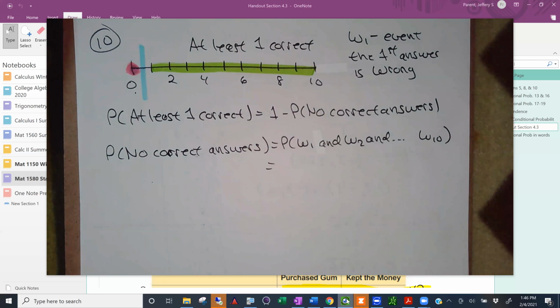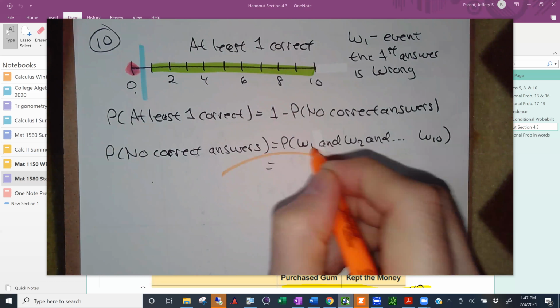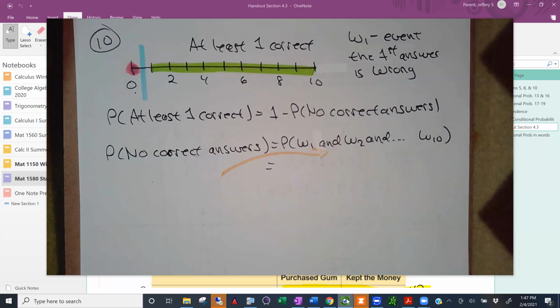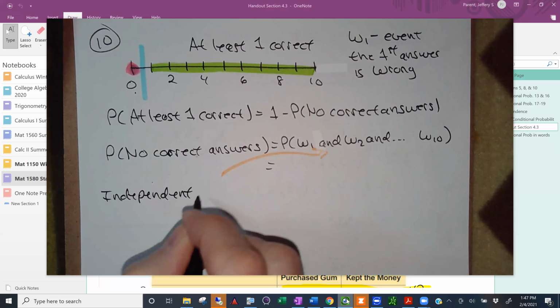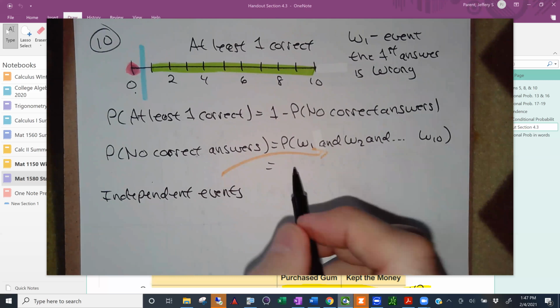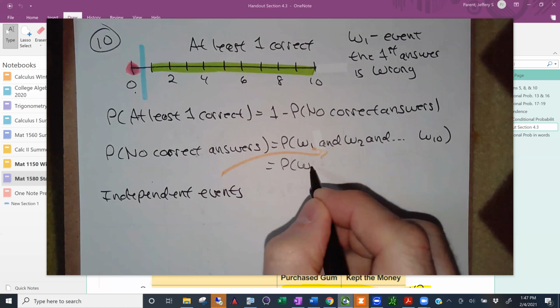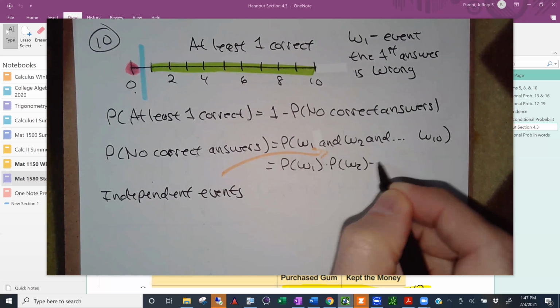Here's the thing. You're making guesses on these questions. And so the probabilities involved are going to be independent events. So if the events are independent, then I can write that as the probability that the first one is wrong, times the probability that the second one was wrong, all the way down to the 10th one being wrong.